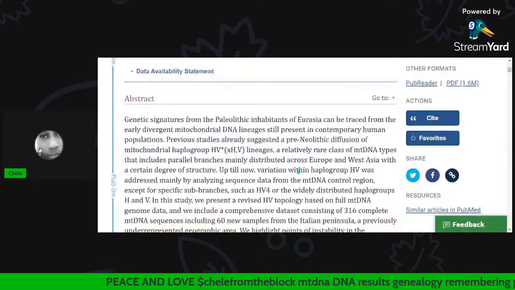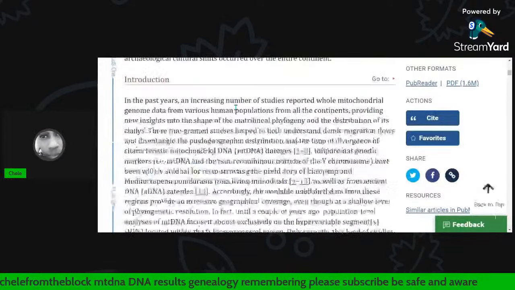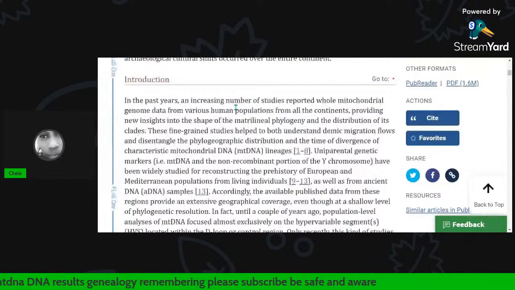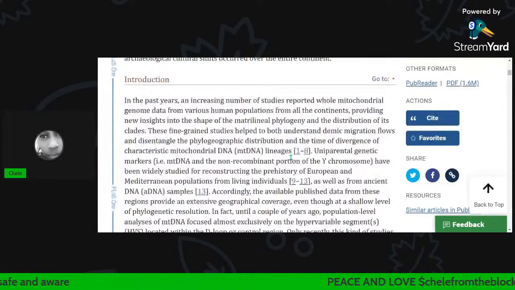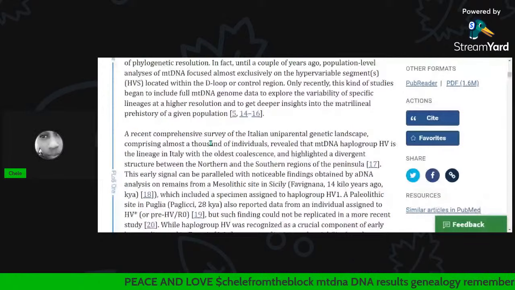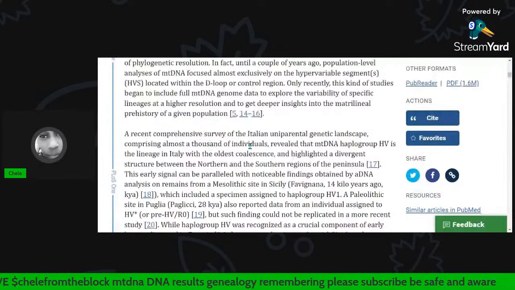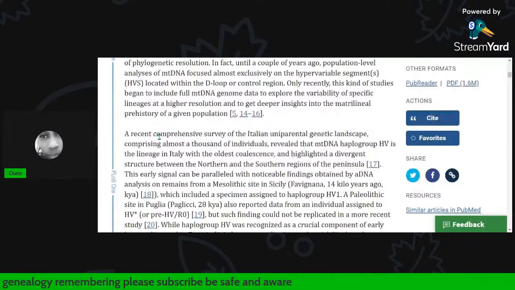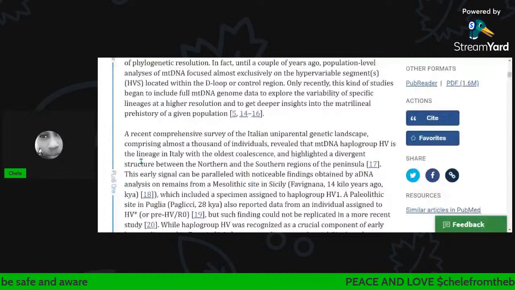Oh goodness. Let me go back. Increase the number of studies reported whole mitochondria, blah blah blah. A recent comprehensive survey of the Italian uniparental genetic landscape, comprising almost 1,000 individuals, revealed that the haplogroup HV is the lineage in Italy with the oldest coalescence and highlighted a divergent structure between the northern and southern regions of the peninsula.